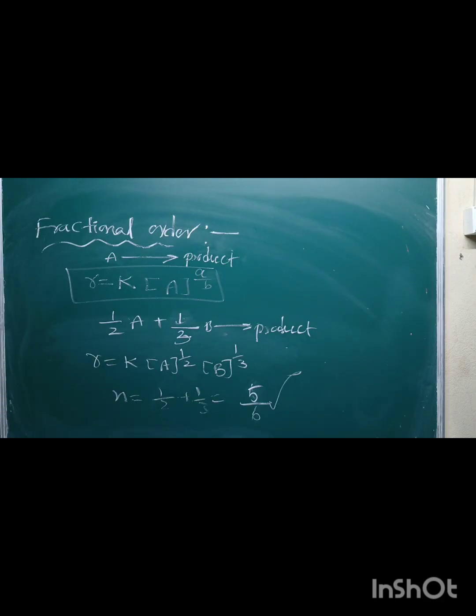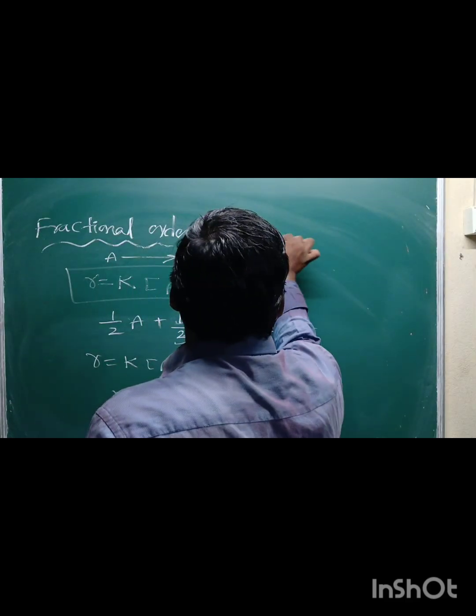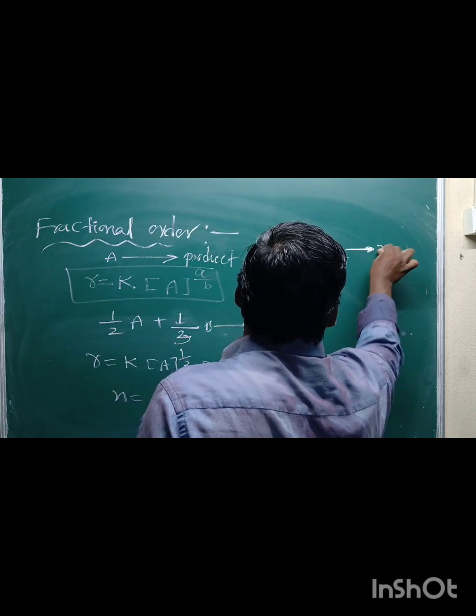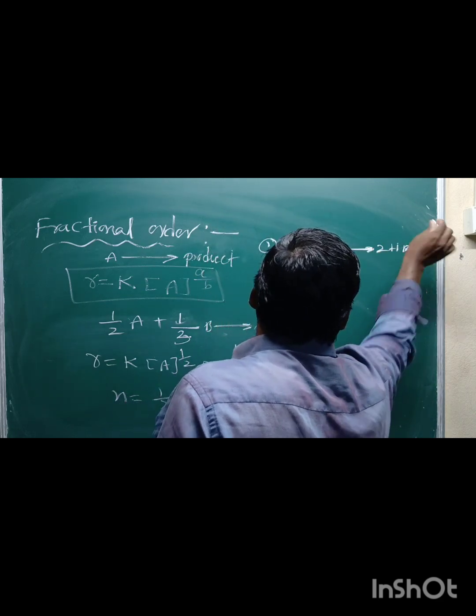An example for fractional order is when hydrogen combines with bromine to form hydrogen bromide.